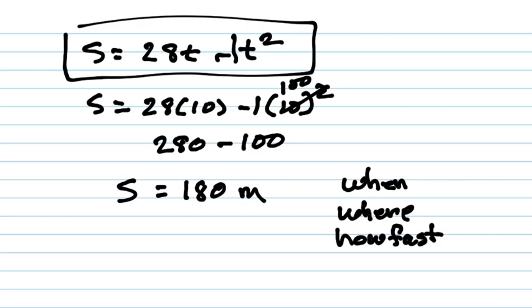When is time? Where is s? How fast is velocity? So don't forget what we've already learned. So we're looking for when. That means they're going to have to give us some number to put in for distance. And if it's stopped, distance is going to be what? Is it going anywhere? No. So 0. Okay.